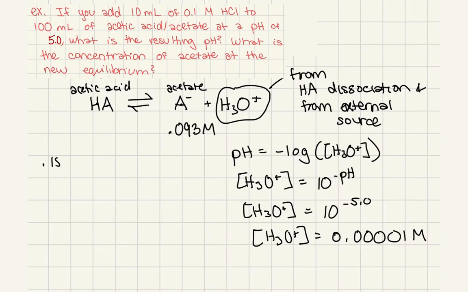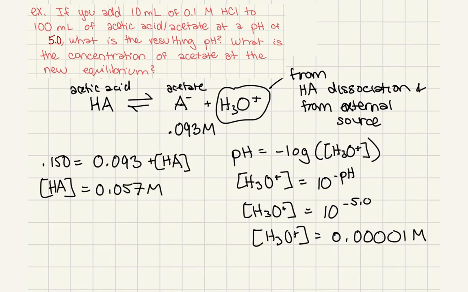So 0.150 equals our acetate, 0.093, plus whatever our HA is. And now we can figure out HA. We get that the concentration of HA is equal to 0.057 molar.